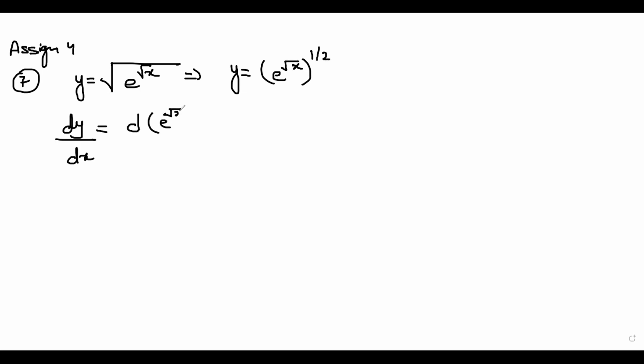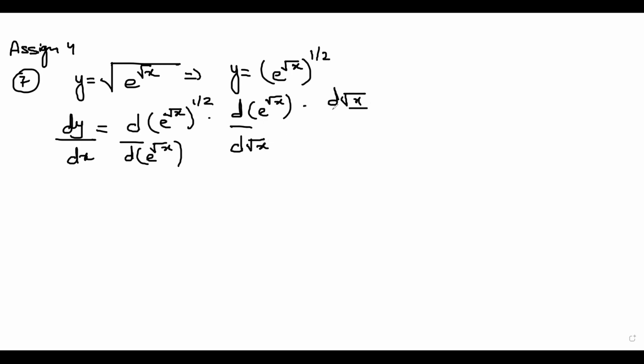So Nabil, can you tell me that we will differentiate this with respect to what? E raised to root x. Good. Then e raised to root x with respect to what? E raised to x. Root x. Root x, and root x with respect to x.